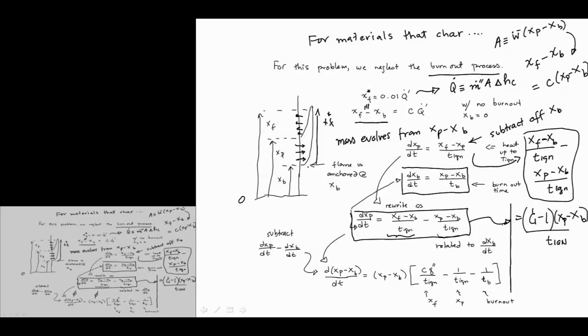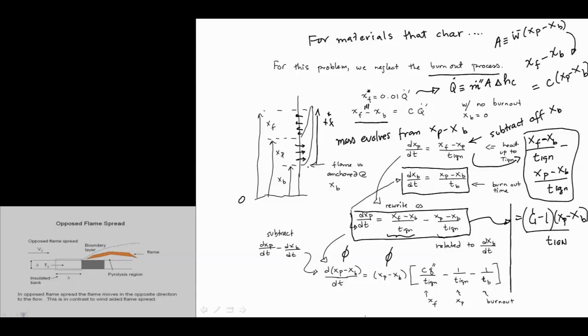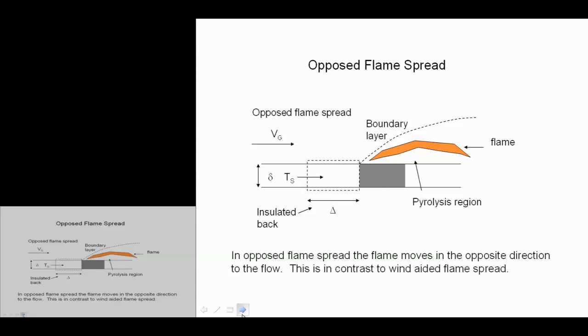And so xp minus xb is a decreasing function of time, which basically means that the burnout zone catches up with the pyrolysis zone. Similarly, if it's a very long burnout time, then we get the acceleration that we saw earlier for the simple no burnout case. I'll summarize that at the end.